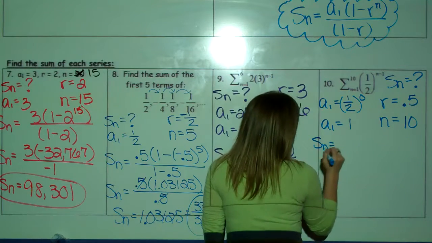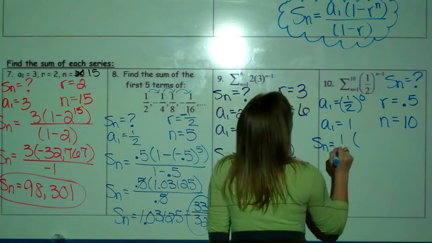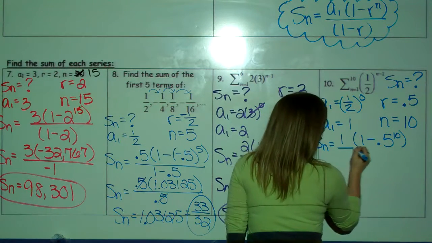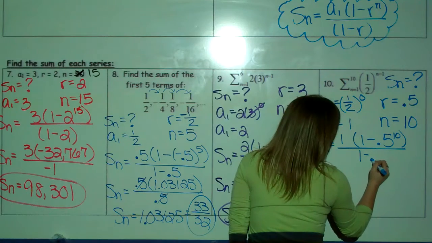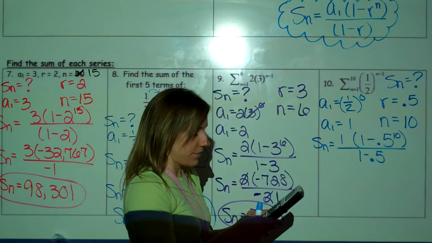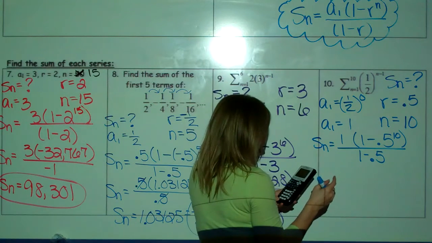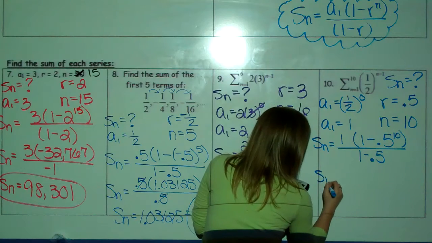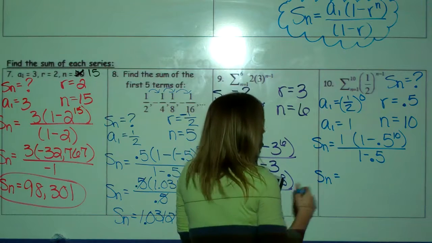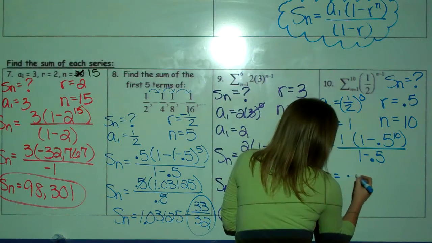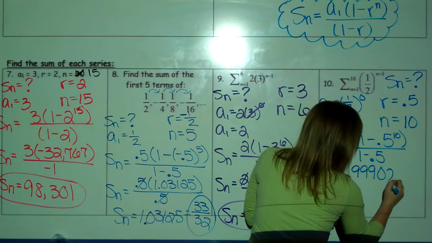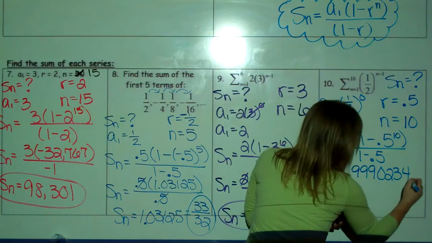So the sum is the first term times 1 minus 0.5 to the 10th power, all over 1 minus 0.5 or 1/2. So 1 minus 0.5 to the 10th is a big old decimal. Let me see. It will give me, nope, it doesn't even like it as a fraction. But it's times 1, so it's 0.9990234.